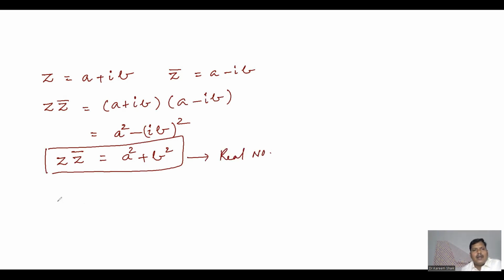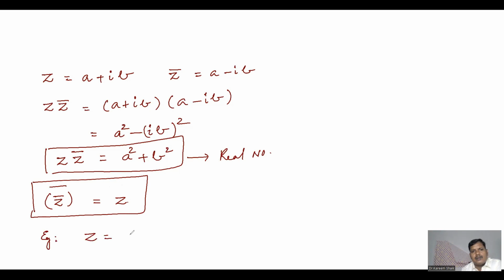Clear? Now, we have to find z bar to the whole bar, that means the conjugate of the conjugate of a complex number. It is always equal to z. I will prove this. Just for example, I am taking z equals a plus iota b. Then tell me what is its conjugate? a minus iota b.